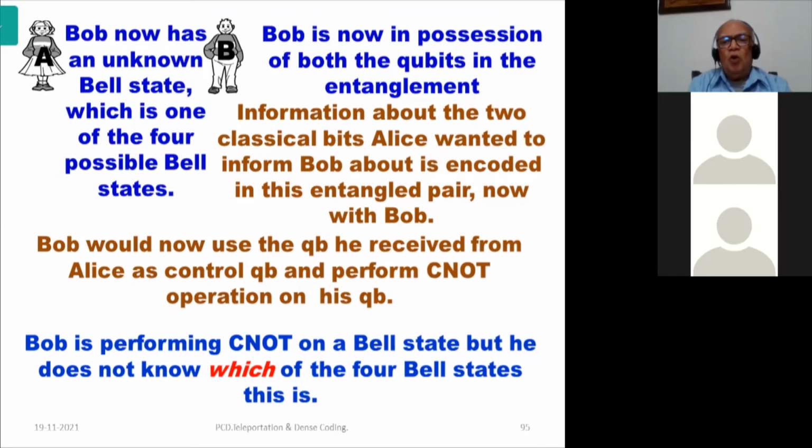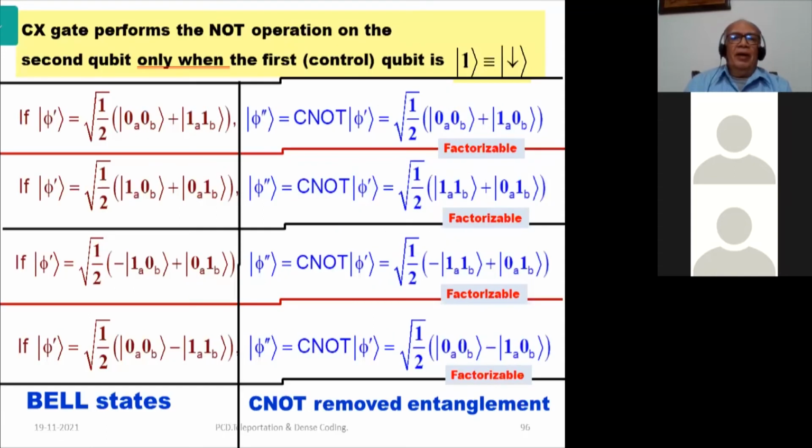So he performs a control NOT on the Bell state. It is a Bell state, but he does not know which of the 4 Bell states it is. And if the Bell state is this particular one, then the control NOT operates on this and gives him a new 2 qubit vector. And this is not an entangled 2 qubit vector. It can be factored.